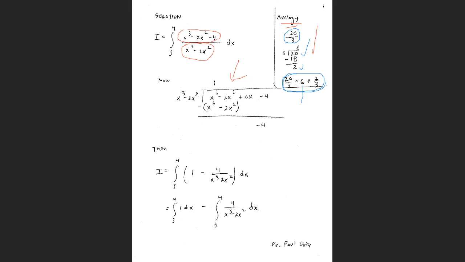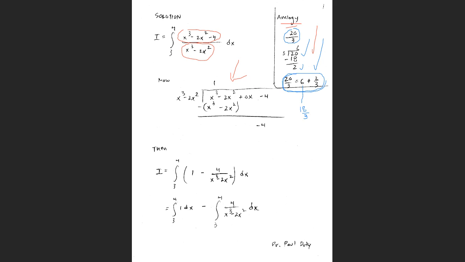After all, 6 is equal to 18 thirds, so 18 thirds plus 2 thirds is 20 thirds. So the same process for dividing a number by a number we do with the polynomials.